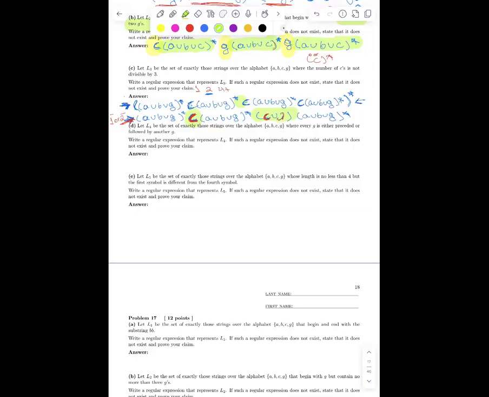Let L4 be the set of exactly those strings over the alphabet A, B, C, and G, where every G is either preceded or followed by another G. So from my point of view, if you have a G, it's preceded by another G. So you can either have A or B. I'm not using any G, so it's fine.